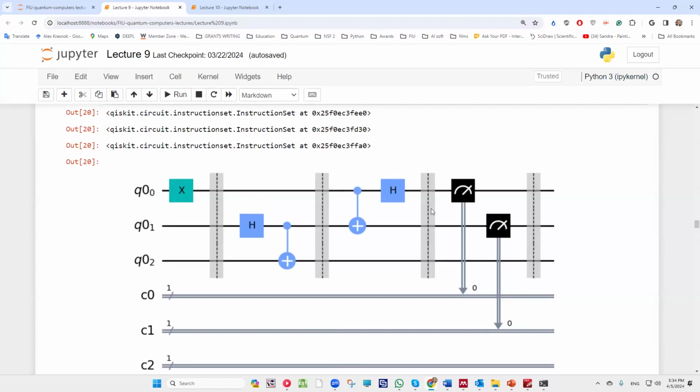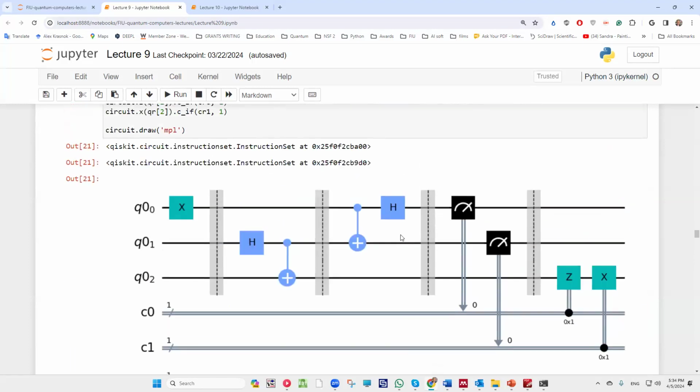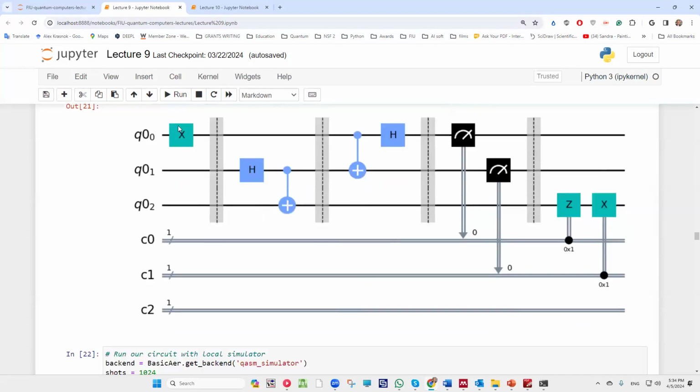Basically, the final circuit looks like this, right? Again, the first two qubits belong to Alice. So Alice has one qubit, her own qubit initially, and she also gets another qubit, the second qubit, which she entangles with Bob's qubit, which is number 3 here.